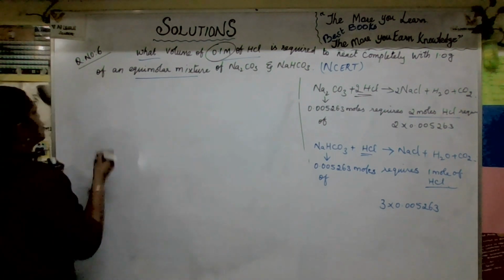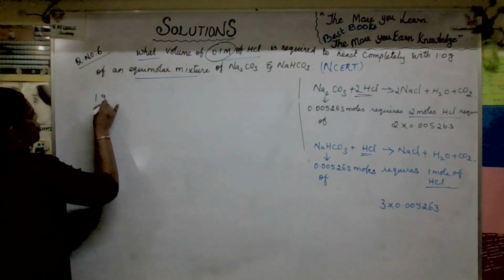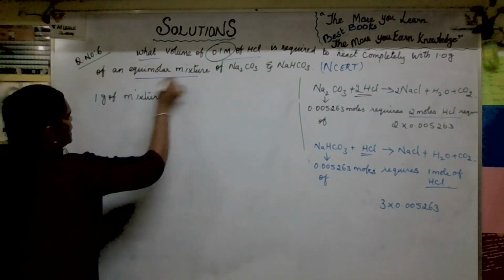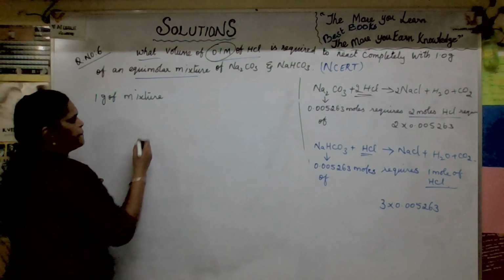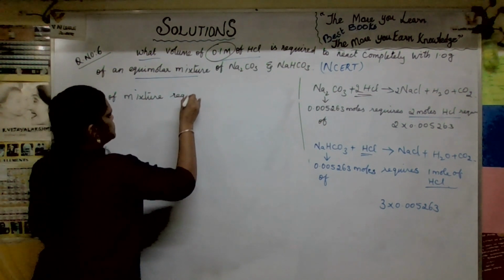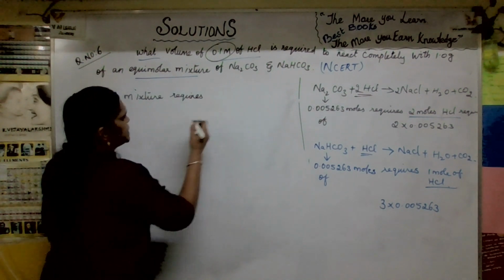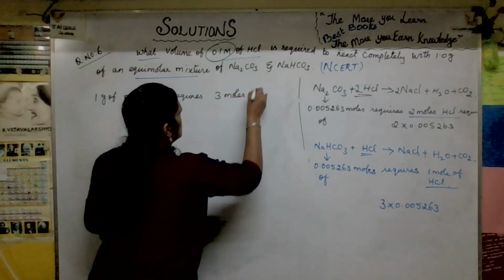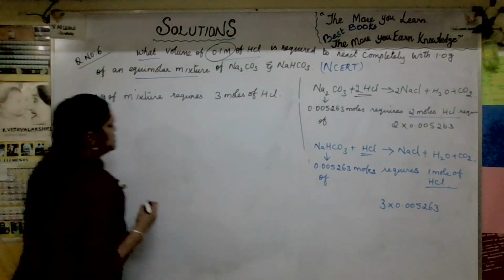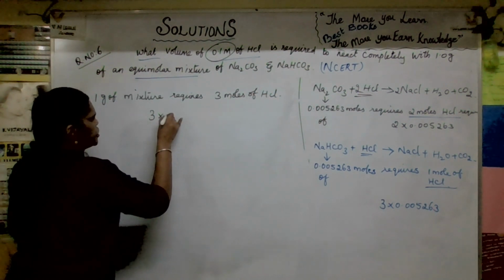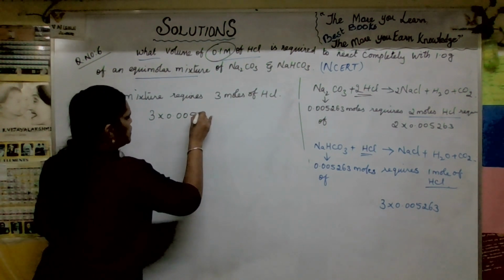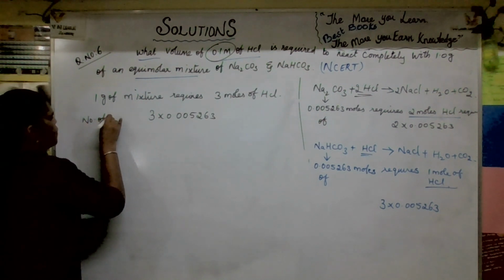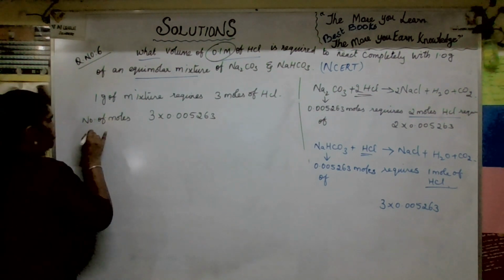Okay, let us write this: 1 gram of mixture, sodium carbonate and sodium bicarbonate, requires how much HCl? 3 moles of HCl required. So that means 3 into 0.005263. This is number of moles of mixture, right?